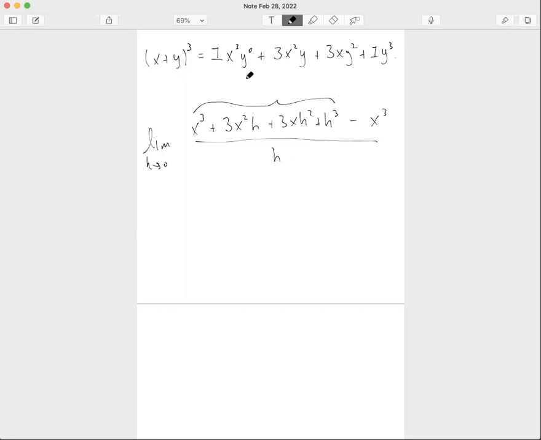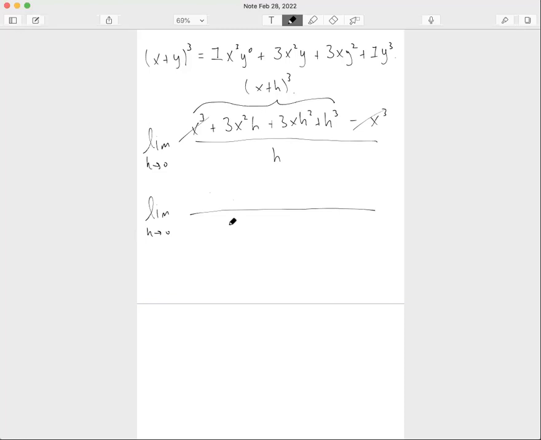This whole thing is (x plus h) cubed. So how do you solve? Cancel out the x cubed, and then what's left over? 3x squared h plus 3x h squared plus h cubed.